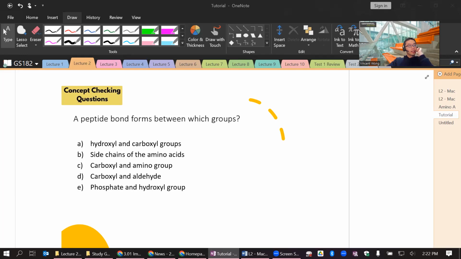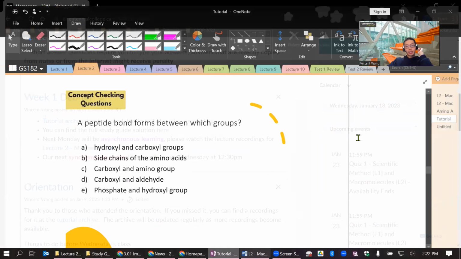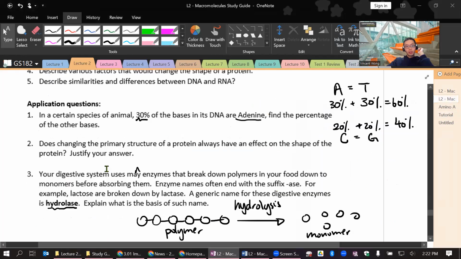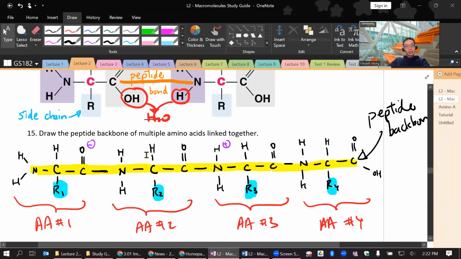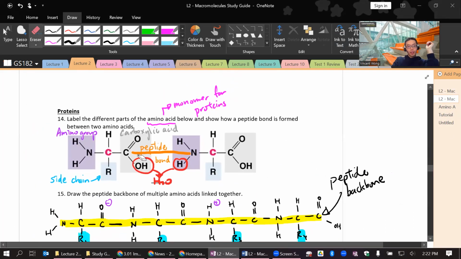All right, let's take a look here. The peptide bond forms between which groups? In our notes, we can see that the peptide bond connects the carboxylic acid, or the carboxyl group, with the amino group. It's nothing to do with the side chain.